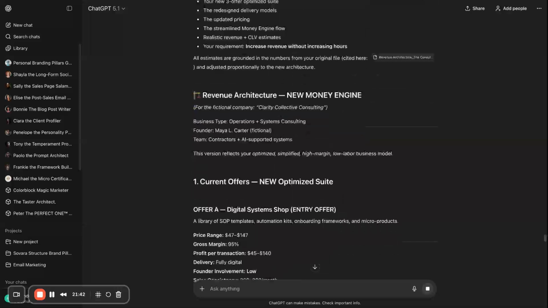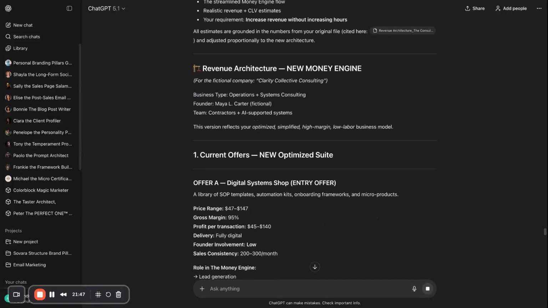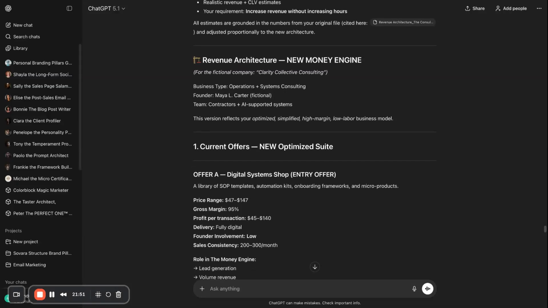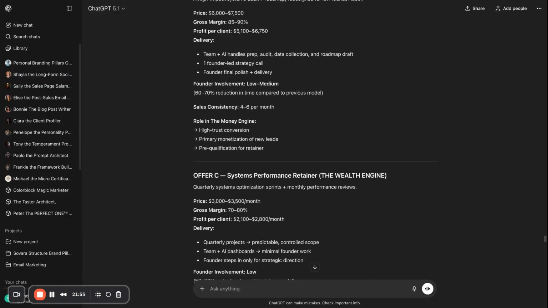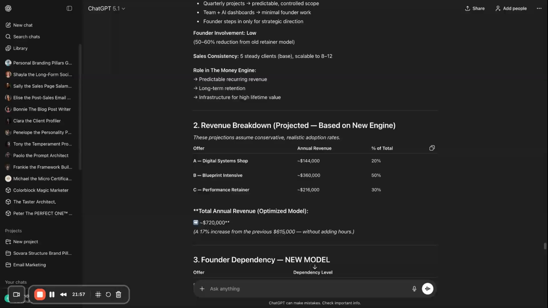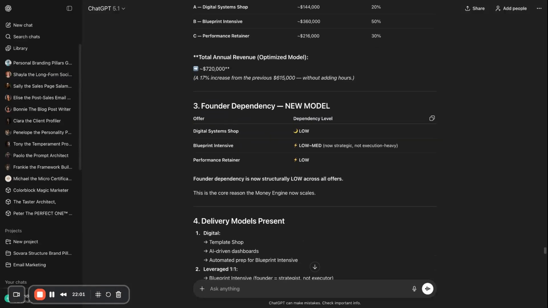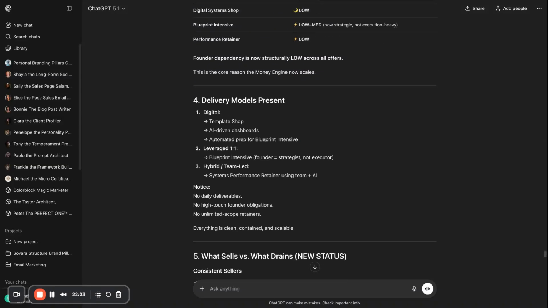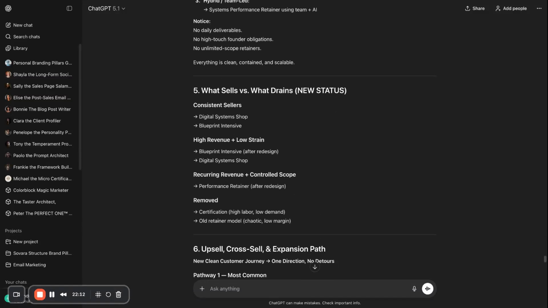Okay. And so now we've got our brand new money engine, our new revenue architecture for this fictitious company. So we've got our current offers here in our new offer suite. We've got the revenue breakdown. We've got founder dependency levels. We've got delivery models. Okay. No daily deliveries, no high touch founder obligations, no unlimited scope retainers.